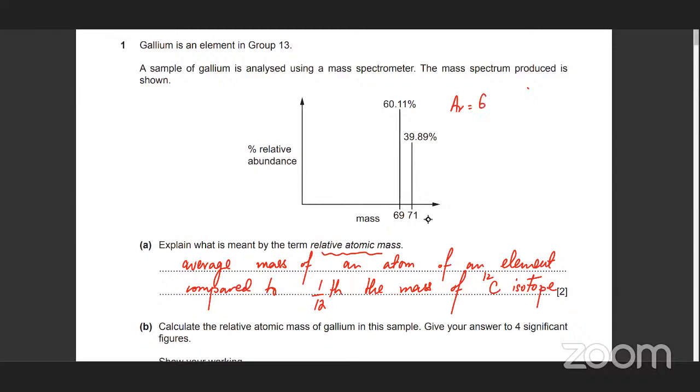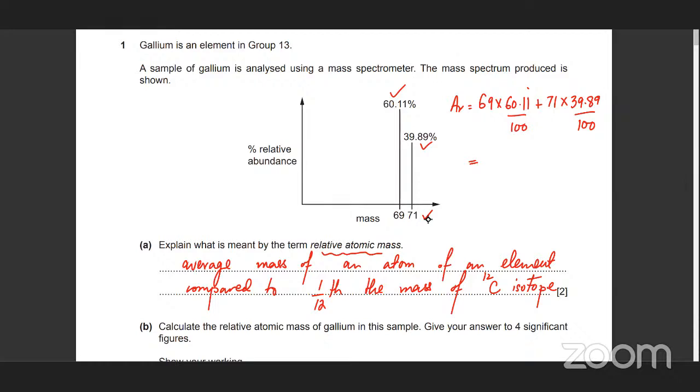So 69 multiplied by its percentage, which is 60.11 divided by 100, और फिर दूसरे को ऐड कर लो, 71 into 39.89 over 100. ठीक है? If you do the calculation, what is the value that you're getting?